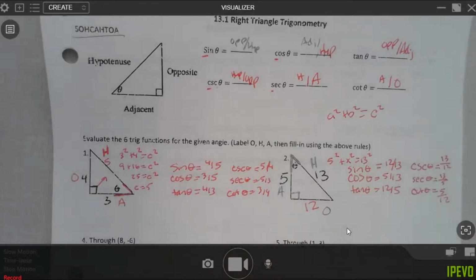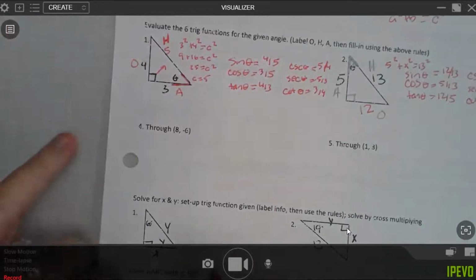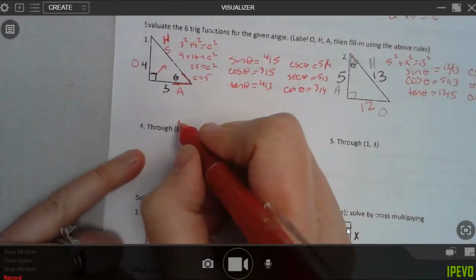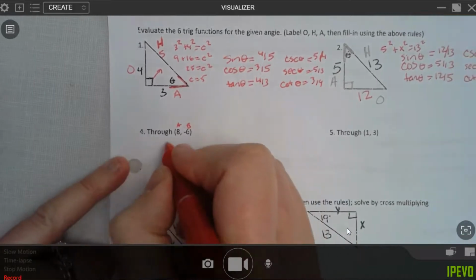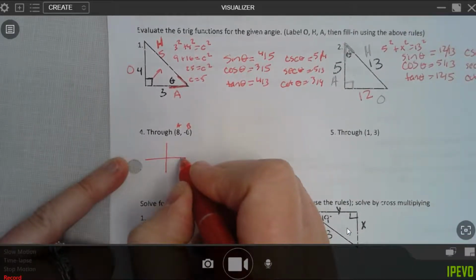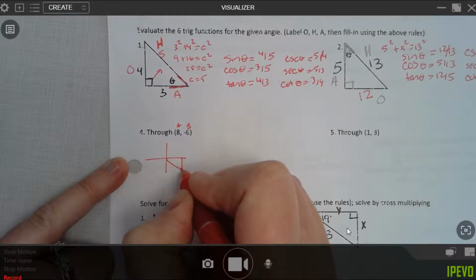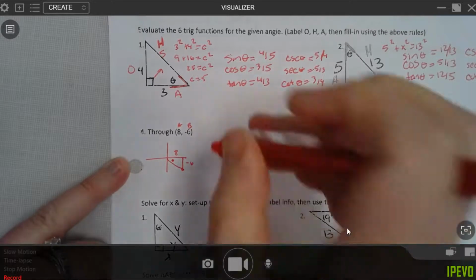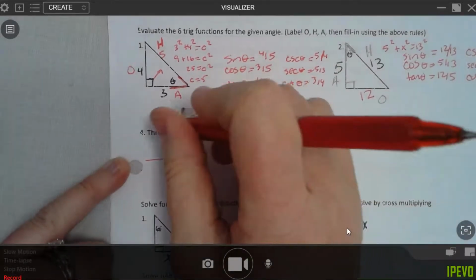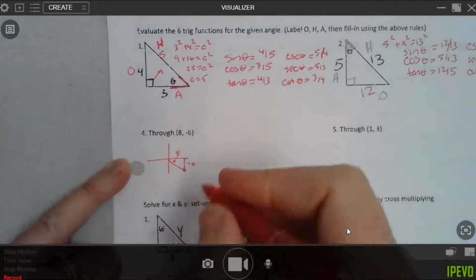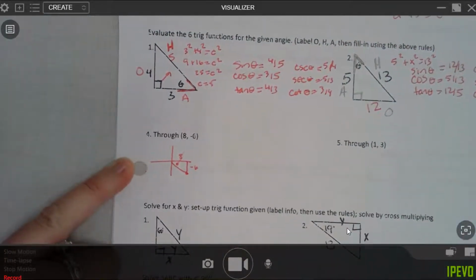Okay, down here when you're doing a point, your radius is always going to be positive. So this is just like your A and your B. So if I had it like this and I went over 8 and down 6. So here's over 8 and down 6. And there's my angle. So we're going to say that you do a squared plus b squared equals c squared.